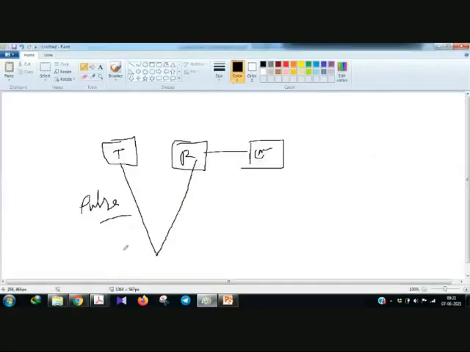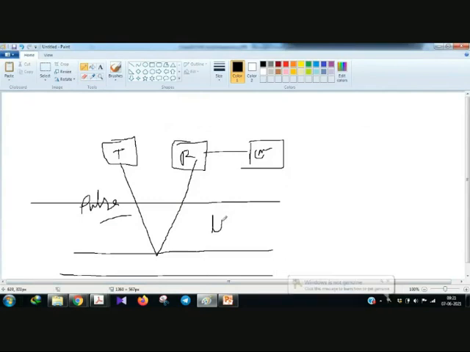GPR is an electromagnetic wave, and it gets reflected from the layer boundary, and these layers are defined by mu, epsilon and sigma. So this is mu1, epsilon1, sigma1, and this layer has mu2, epsilon2, sigma2. This is a different layer.